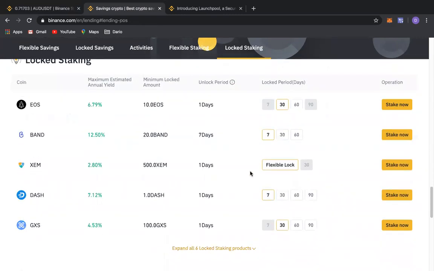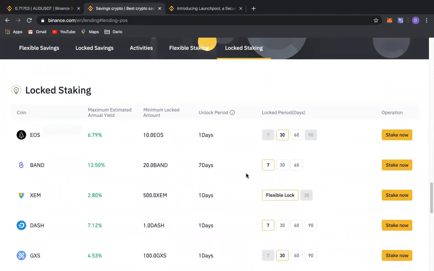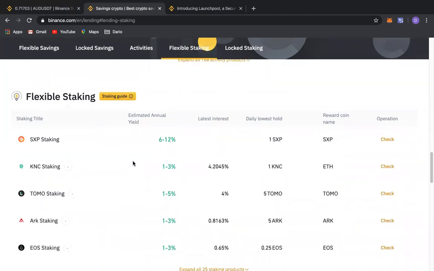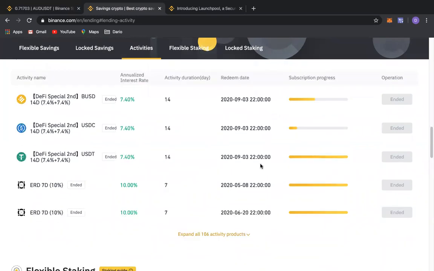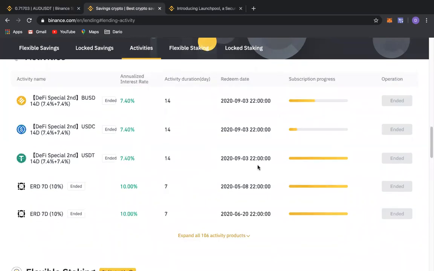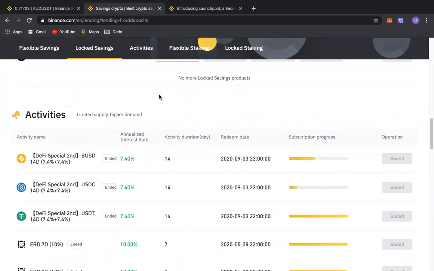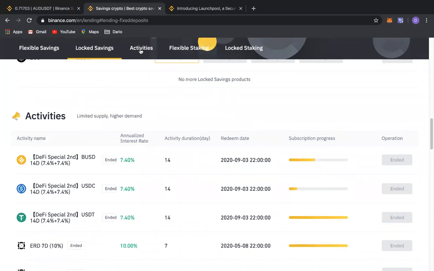But for those who are just trying to increase their bag sizes while holding, and they're invested in long-term projects that they believe in, then this is definitely something you should look at, because you can earn just from your money sitting there.